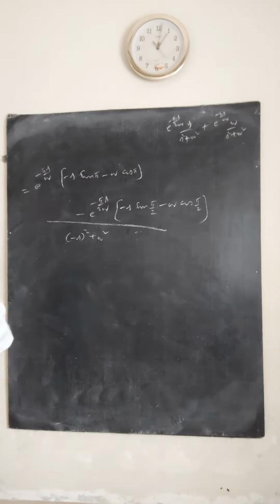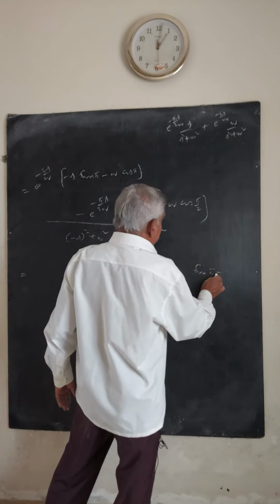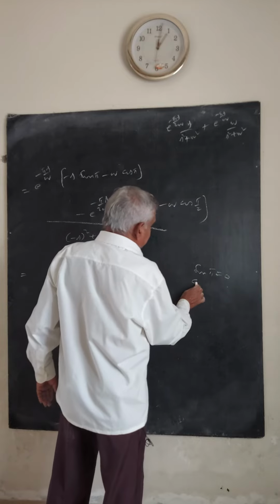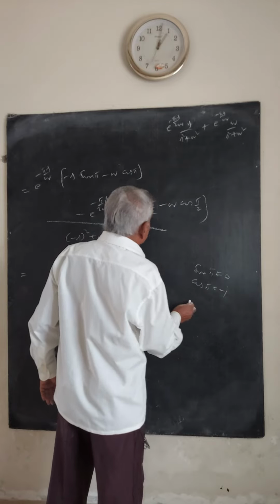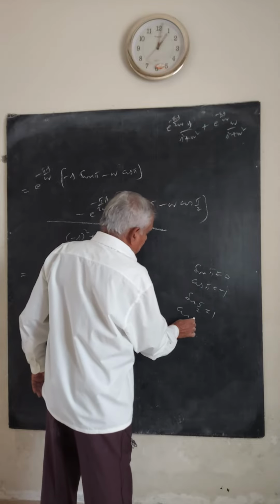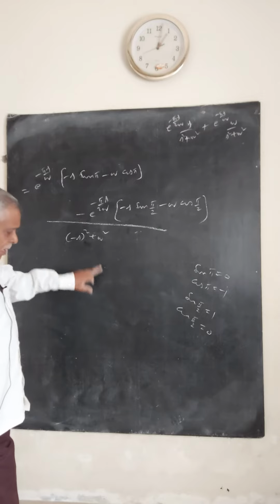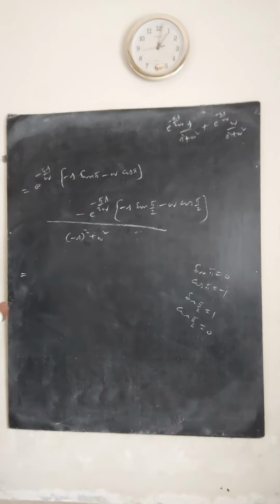Omega square minus omega square equals: sin pi is 0, cos pi is minus 1, sin pi by 2 is 1, cos pi by 2 is 0.